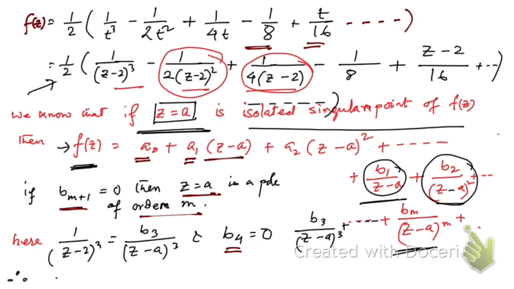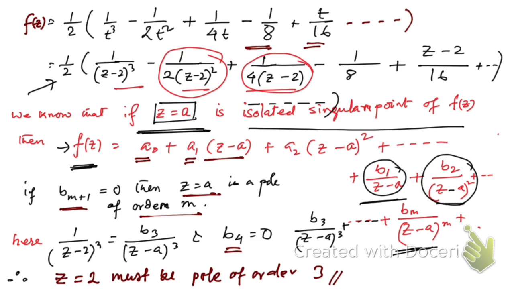So that's why z is equal to 2 must be a pole of order 3, right? Hence verified. Okay, hope you have understood this.